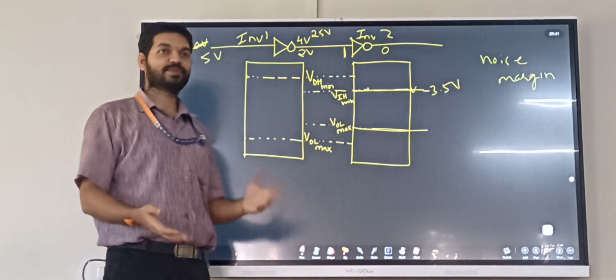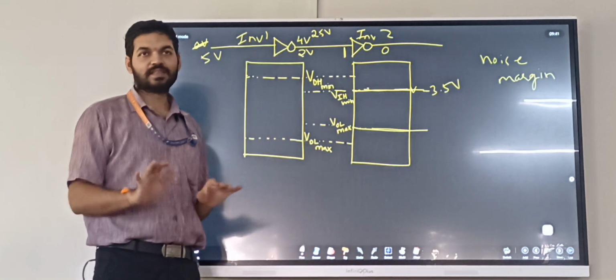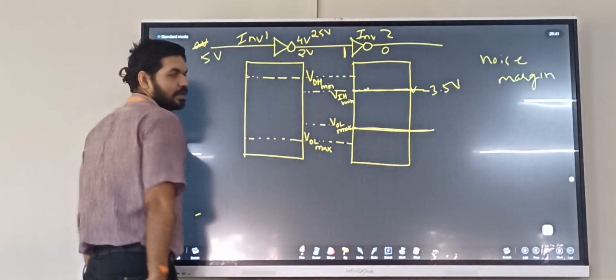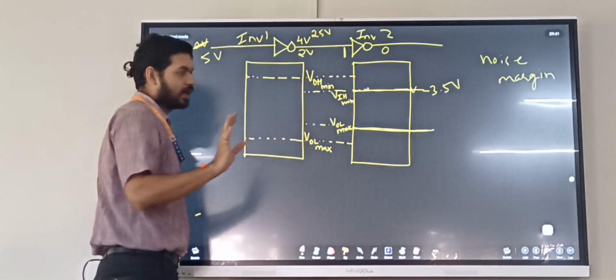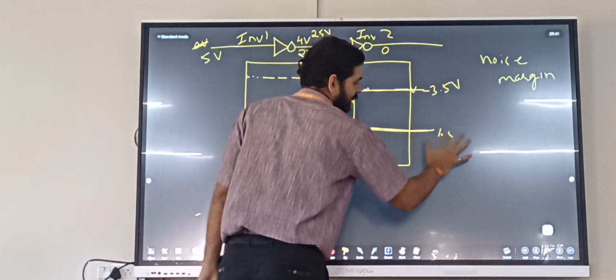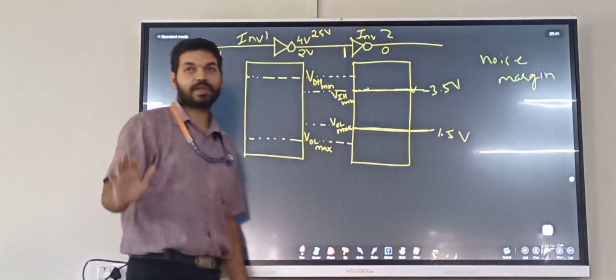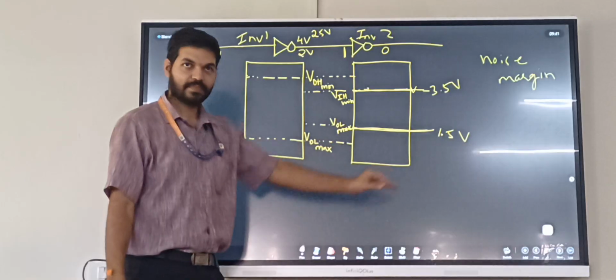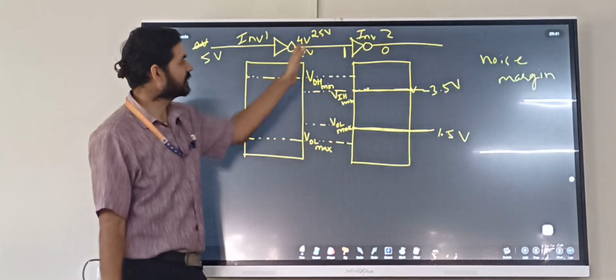So to solve that, we have defined some level, say 1.5 for example. If the voltage is less than 1.5, yes, this will consider it as logic low.